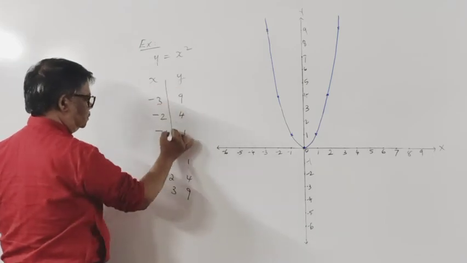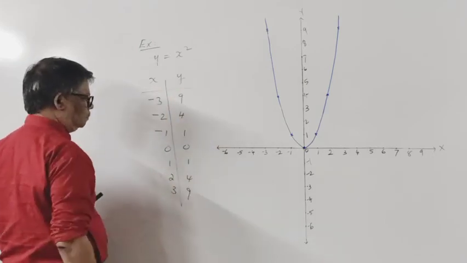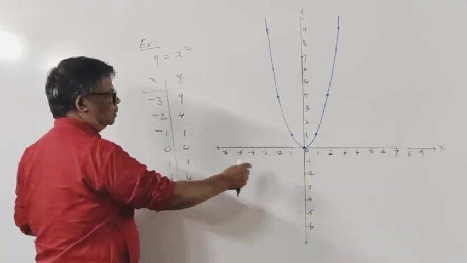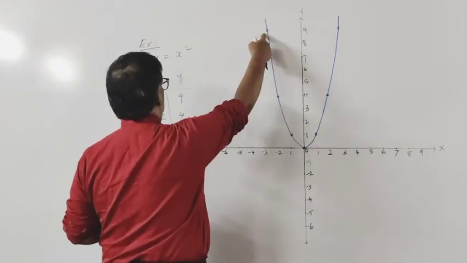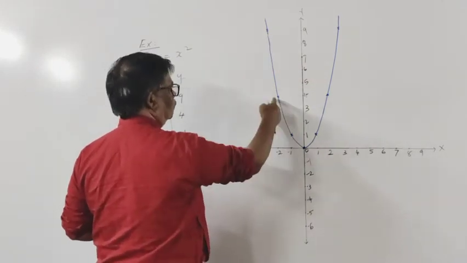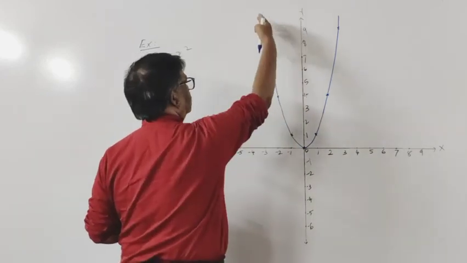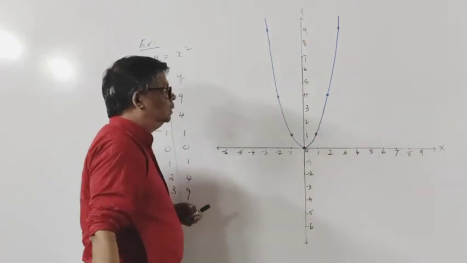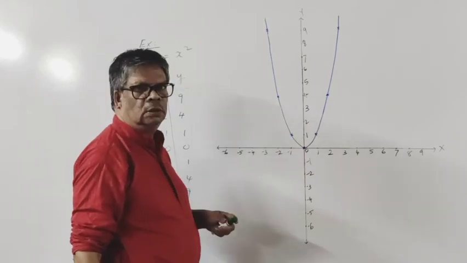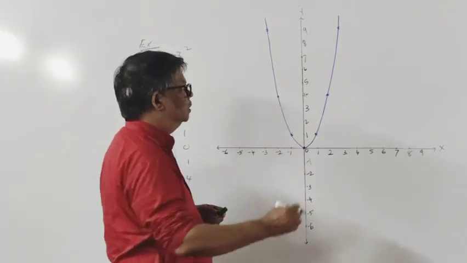These are the ordered pairs. It's already plotted: minus 3, 9, minus 2, 4, like that. All the points are plotted and we are joining them with a smooth curve. And this curve is known as the parabola.